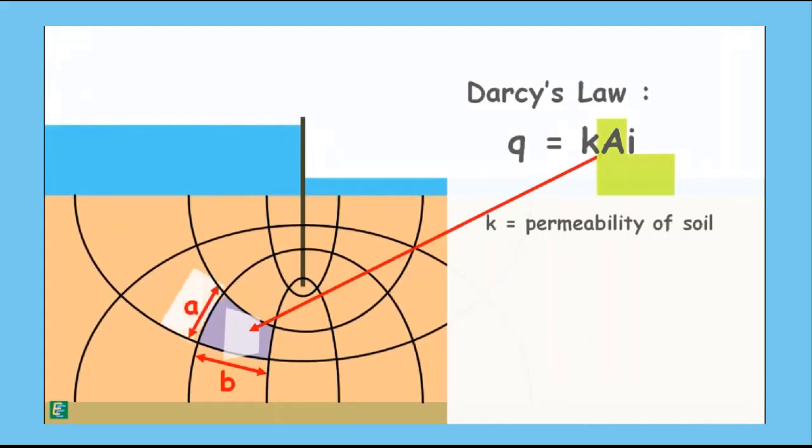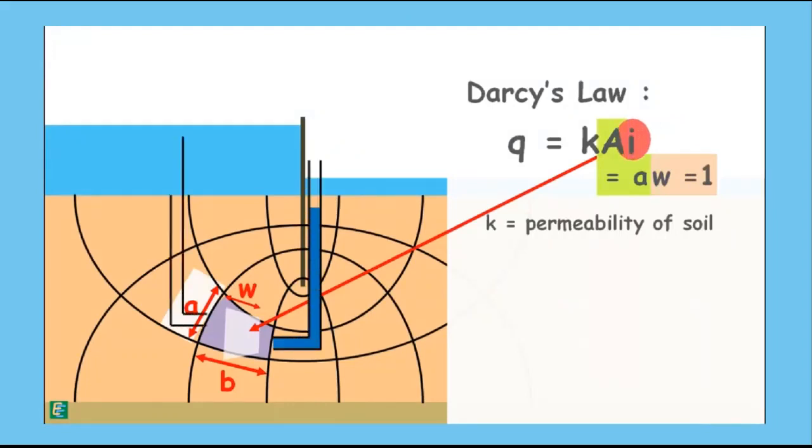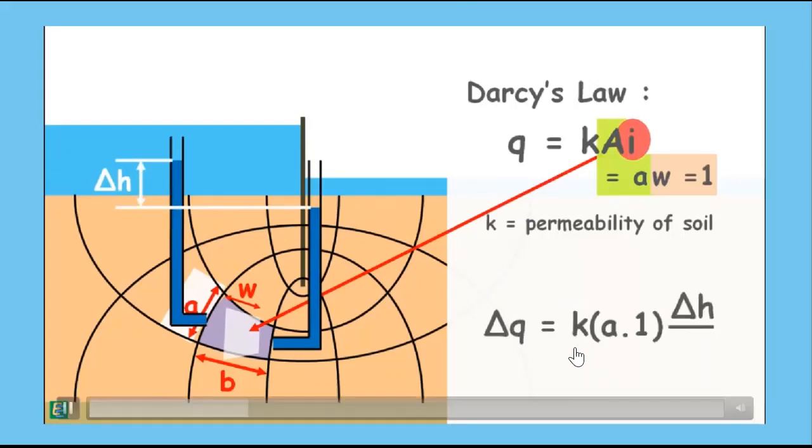Area is the height of the flow field, A, and its width W, which is generally taken as 1 meter. I is the hydraulic gradient, which is head loss represented by delta H over the length of the flow field. So discharge through the flow field can be written as this formula.